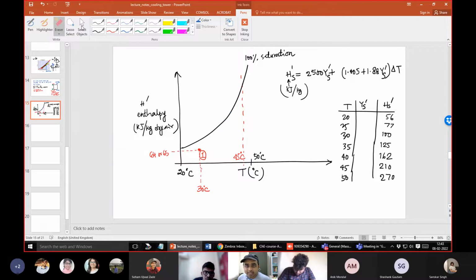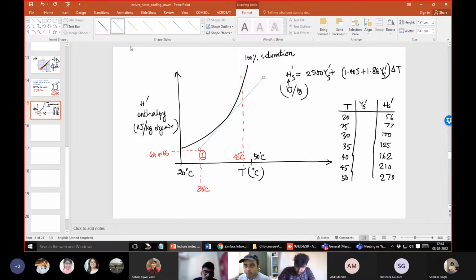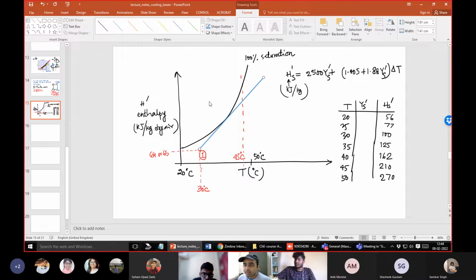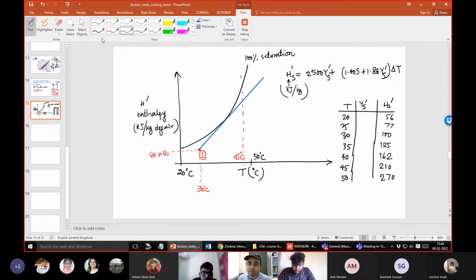So once you draw the tangent, the next step is to calculate the slope. From that slope you will get the idea of this Gs minimum. The slope of this line is L Cw by Gs minimum.